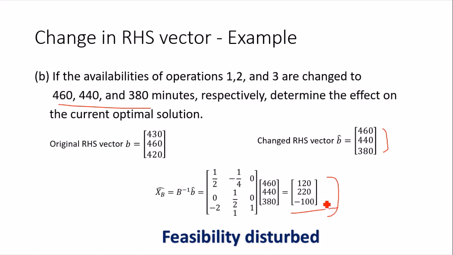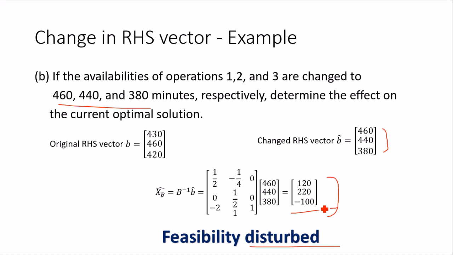That means at least one of the values in this XB hat is turning out to be negative, so feasibility has been disturbed. This is distinguishable from part A. In part A, all were positive, so feasibility was preserved, but here feasibility has been disturbed.